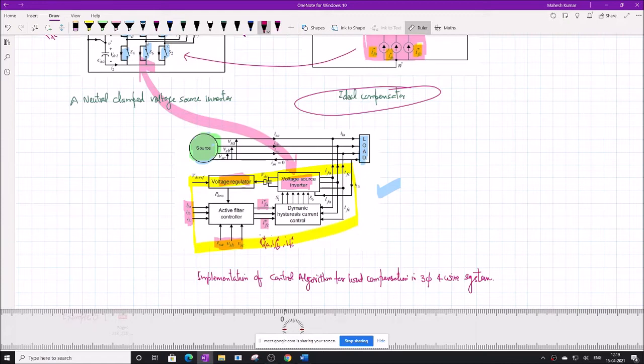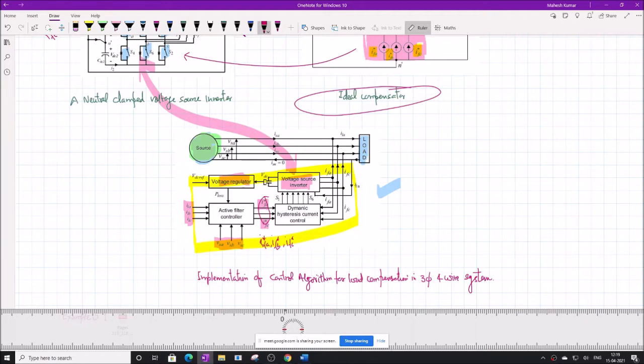The reference values are fed to the dynamic hysteresis current control, or simply hysteresis current control. So it is basically a switching control scheme. It could be hysteresis, it could be PWM, it could be SPWM, it could be anything. Different kinds of switching schemes are there.